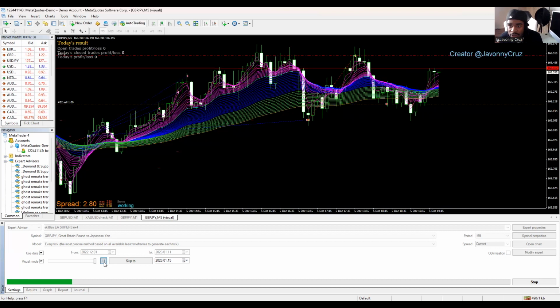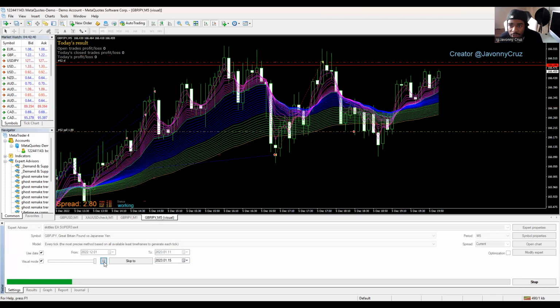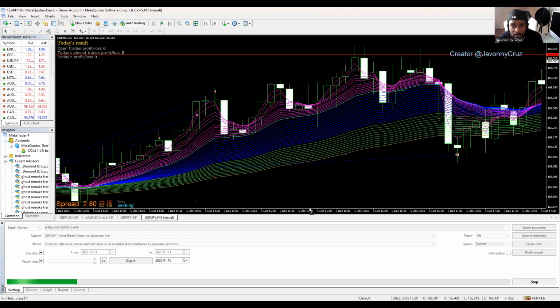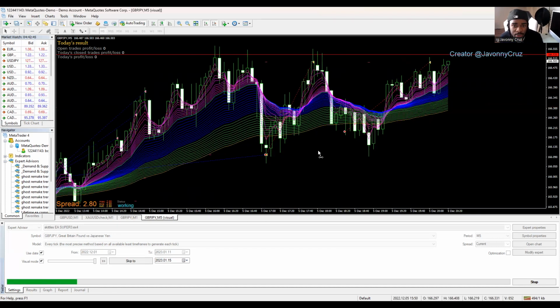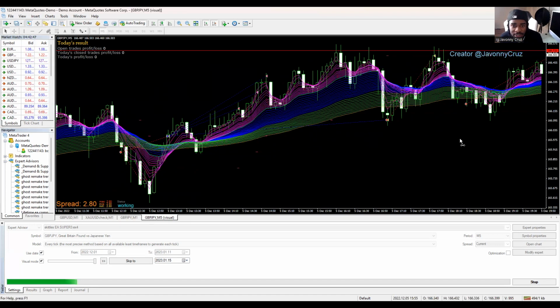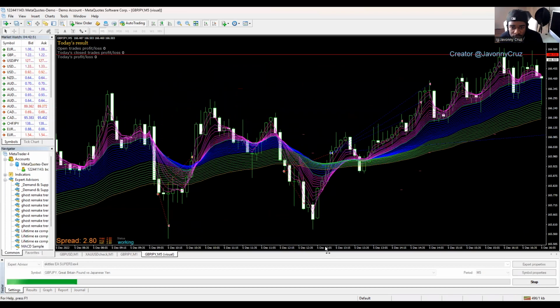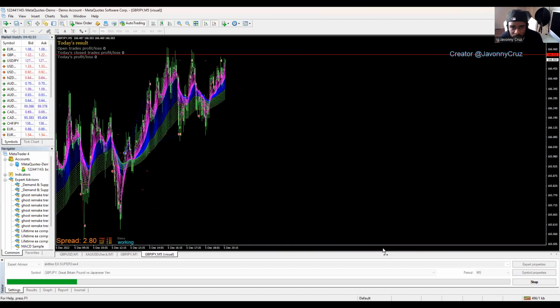We get another sell. So right here, it looks like we're in a support and resistance zone. So this is what I was talking about. Once we catch a trend, you guys have to understand that this is how the market moves in general.